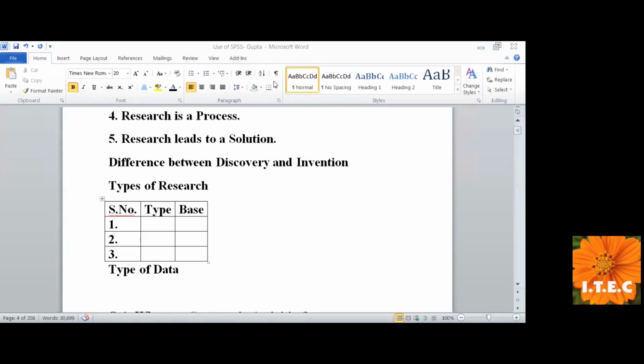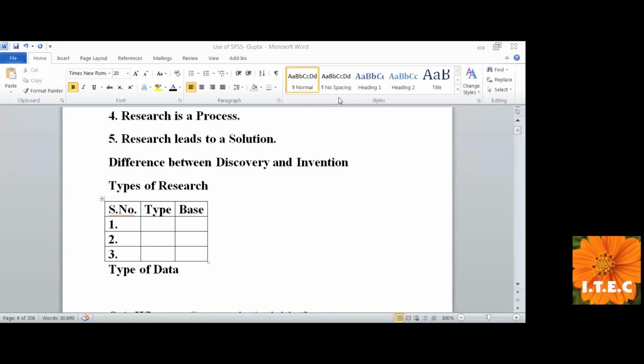Gaurav, write the name. Do not write 2. My dear friend, majority of you have written primary and secondary.